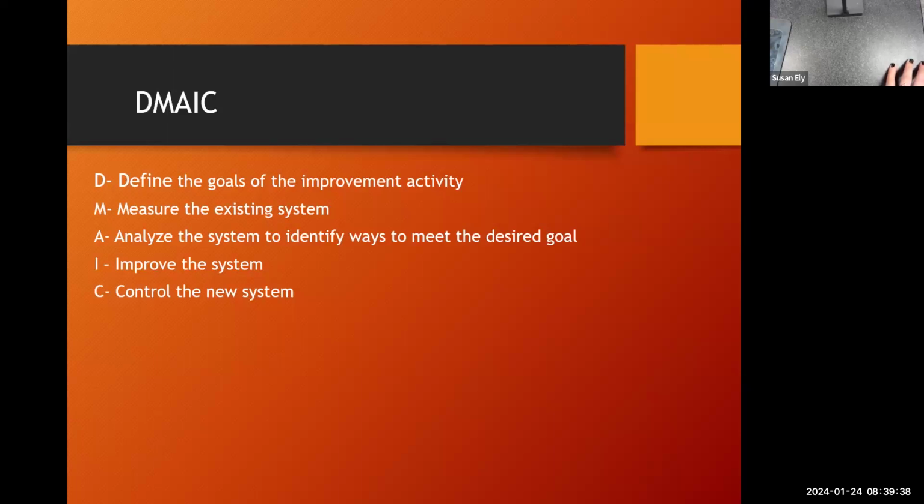So typically that's part of M&A, and depending on what you're doing. So measuring the system, that's drawing up your process map, that's maybe running an FEA analysis on a product, right? So you're measuring stuff, you're looking and seeing what's happening right now. Doing research on possibilities, you're analyzing ways to meet the desired goal, right?